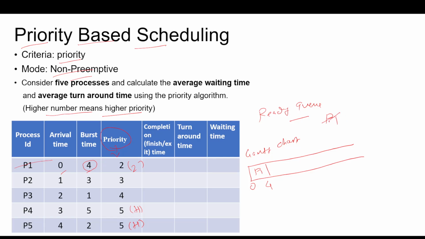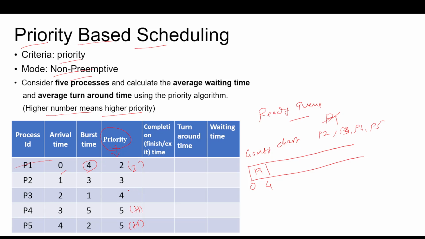But while executing P1, check whether any new process has arrived. Yes, P2 arrives at the first unit, P3 at the second unit, P4 at the third unit, and at the fourth unit P5. All remaining processes have arrived in the ready queue. Now we have four processes in the ready queue.